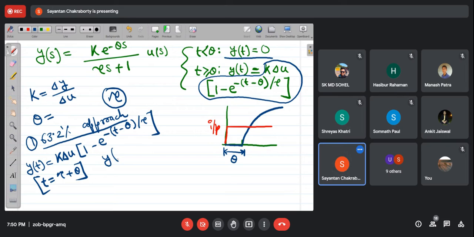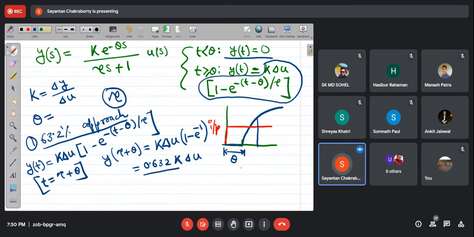Y(tau plus theta) is equal to K delta u times 1 minus e to the power of minus 1, which is 0.632 K delta u. So this will be 63.2% of the steady state value, of the ultimate change. So the time it takes to reach that 63.2% of the ultimate value will be tau plus theta.